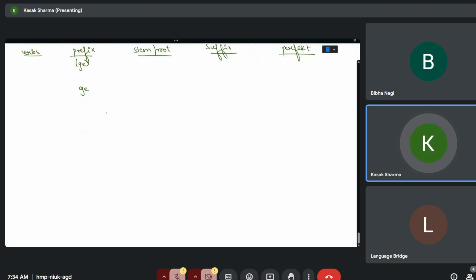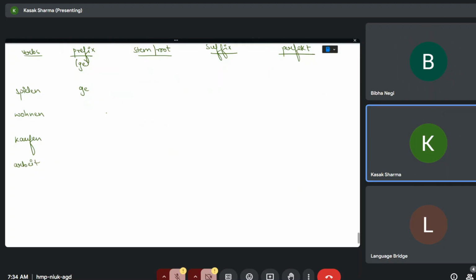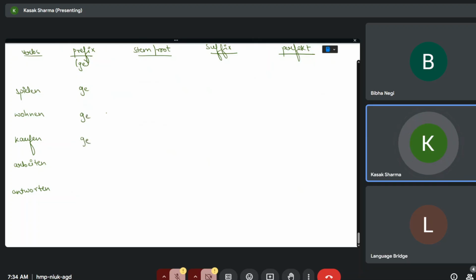Now coming to some verbs: spielen, wohnen, kaufen, arbeiten, and antworten. The prefix ge remains the same.